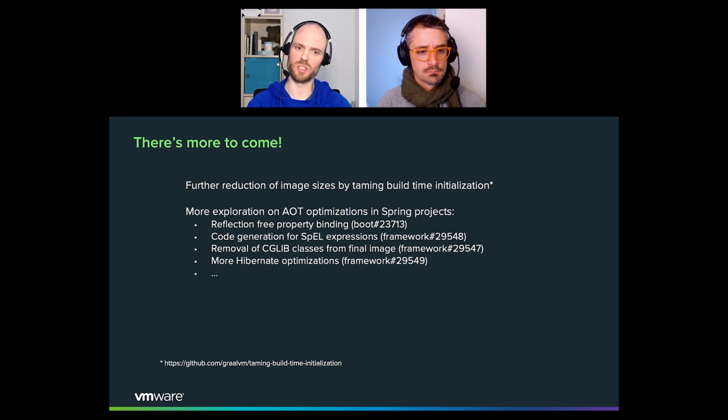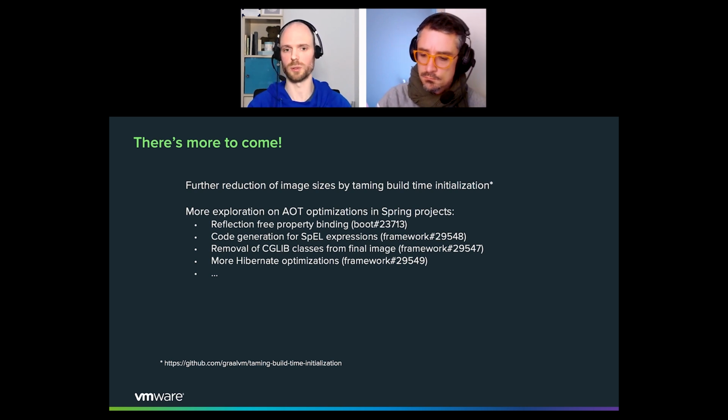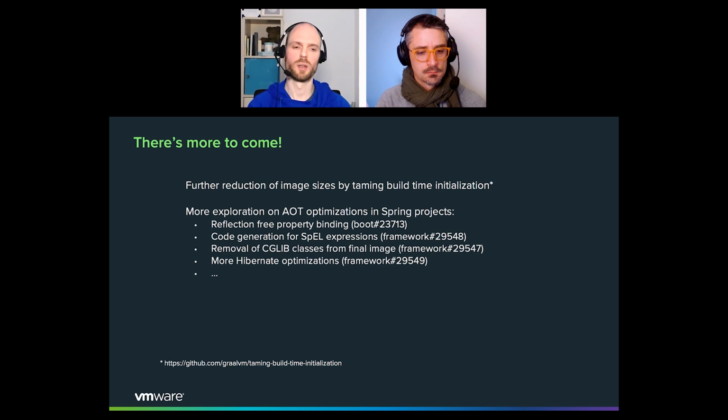You may know SpEL expressions, so the Spring Expression Language. As of now, it is interpreted at runtime, but we could think about maybe, for example, generating source code or generating bytecode to do that at build time so that you don't need all the SpEL runtime stuff in your native image.